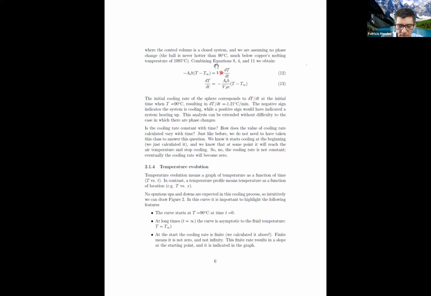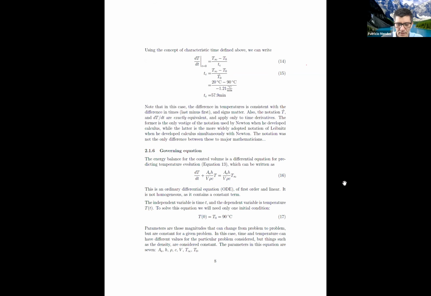The one on the right is Q stored, and the one on the left was Q out by convection. We end up with this expression. Now, if I rearrange this expression without changing anything, we end up with this expression here.